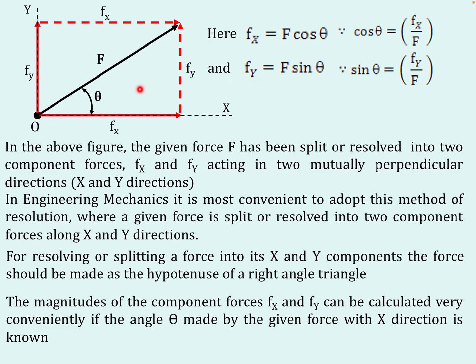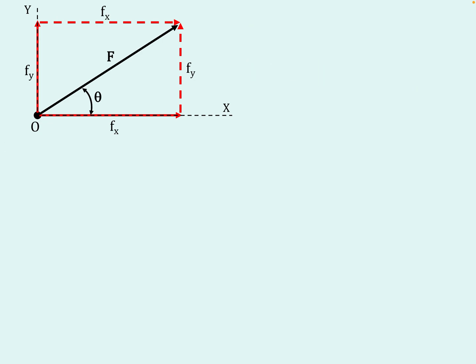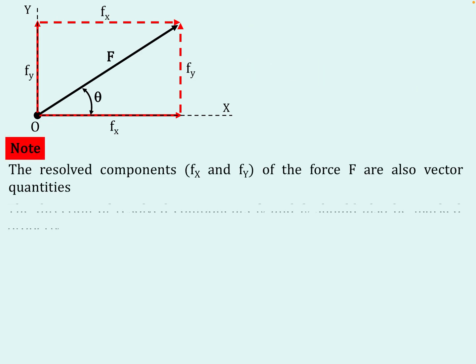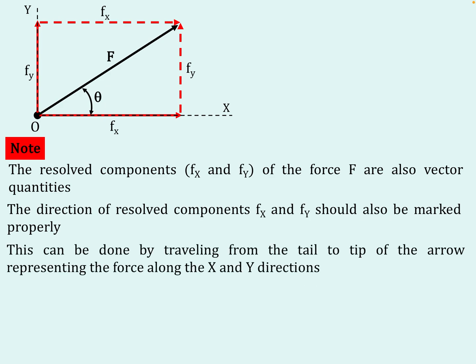But here, if you resolve a given force into an x component and a y component, getting their magnitudes will be very easy from these two trigonometric functions. But getting the directions is also important. We have to understand that for vector quantities, the directions are also important.